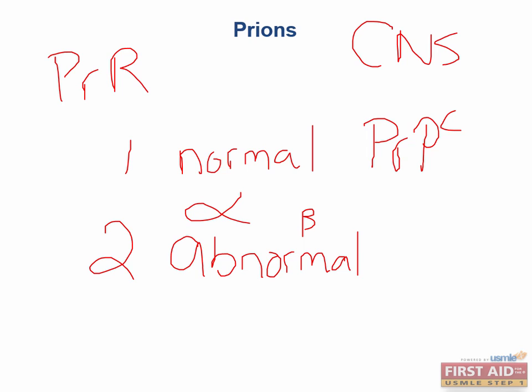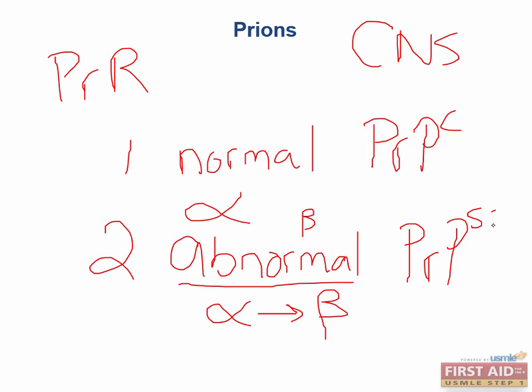In prion disease, the abnormal protein, the alpha helices are converted into beta-pleated sheet structures. This form of the prion is known as PrPsc. This form is transmissible and has been found to result in spongiform encephalopathies, significant dementia, ataxia, and death.